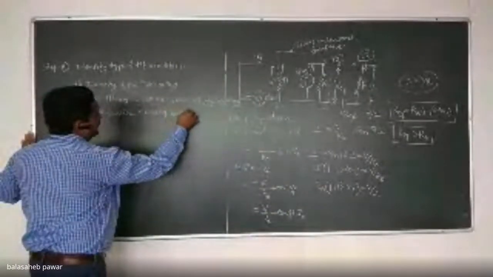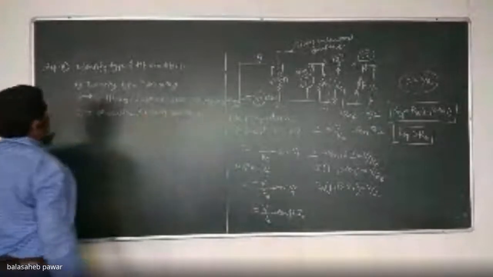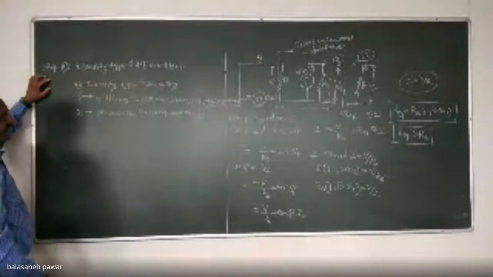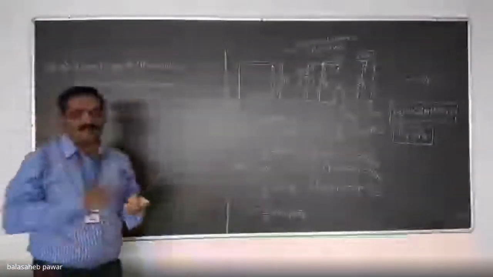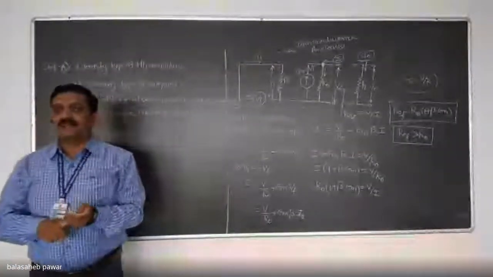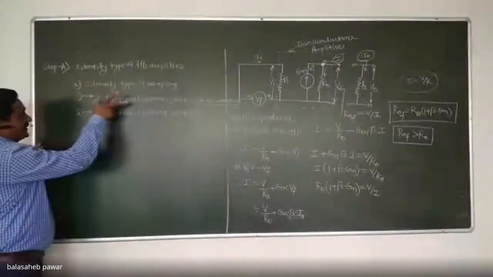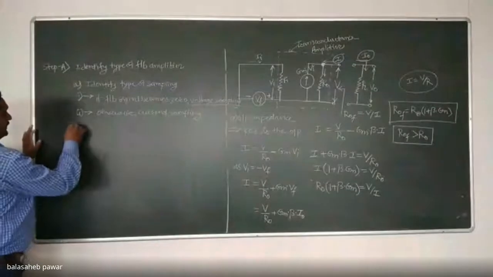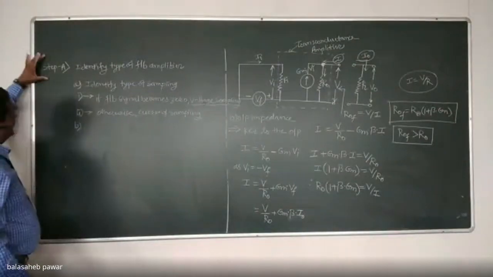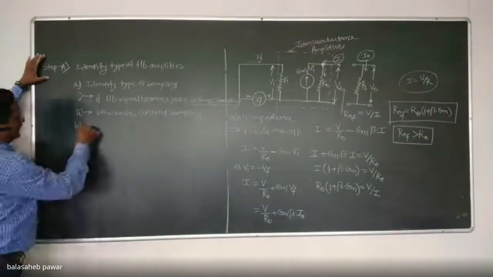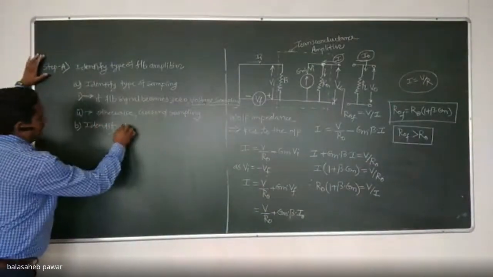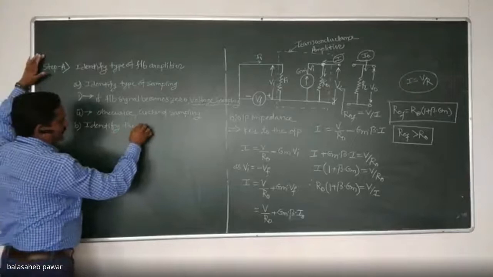So our first step is what? Identify the type of feedback amplifier. That means we have to identify two networks: which type of sampling is there, and which type of mixing is there. First we identified how to find the type of sampling. Now the second part of step A is to identify the type of mixing.